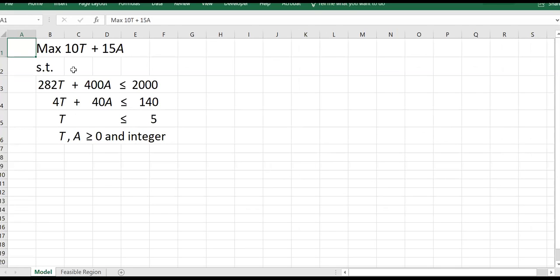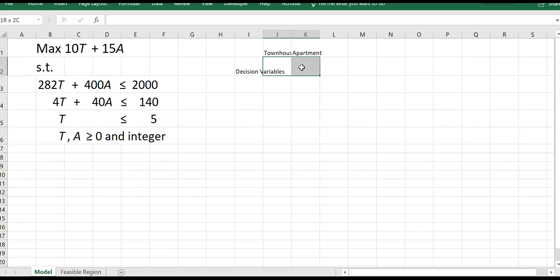So this is the formulation of the problem. We want to maximize the cash flow, and then we had 3 constraints. So I'm going to go ahead and create a spreadsheet model. So decision variables. We have townhouses, and then we had apartments.